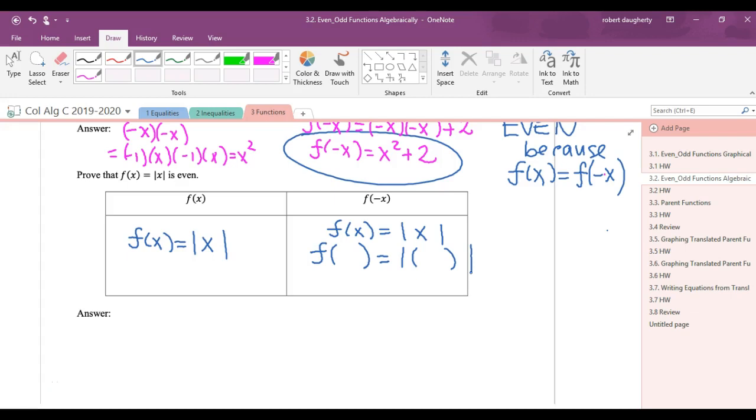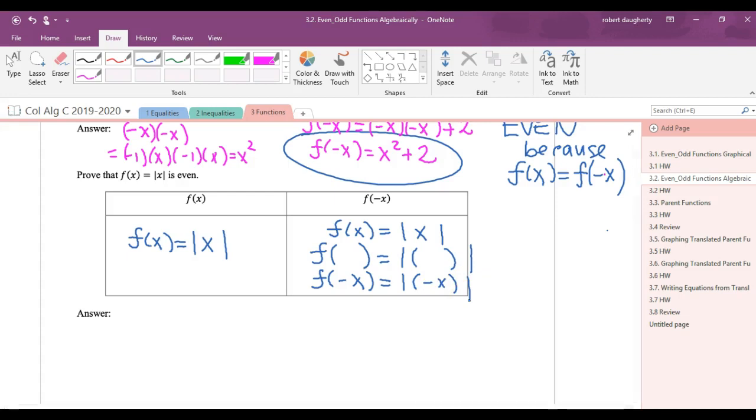If I needed to find f of 2, I would plug in a 2 everywhere you see blank parentheses. So now I know that f of negative x is equal to the absolute value of negative x. All I did was put a negative x in those parentheses.